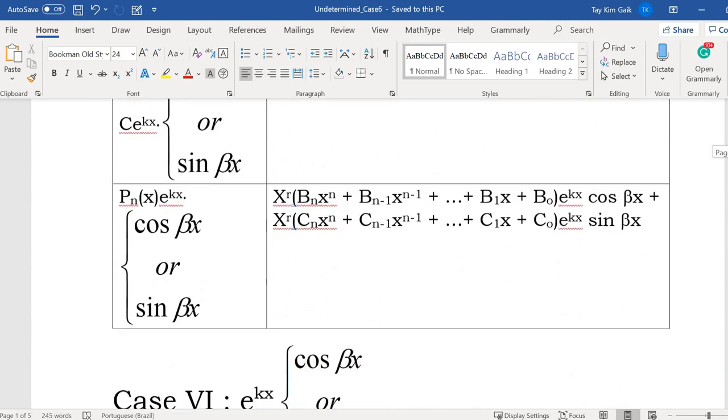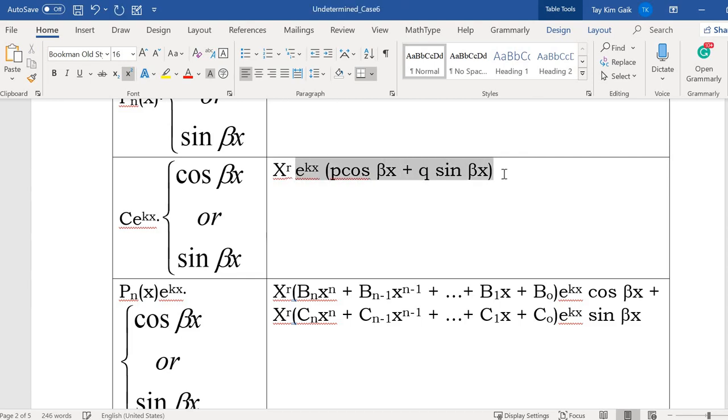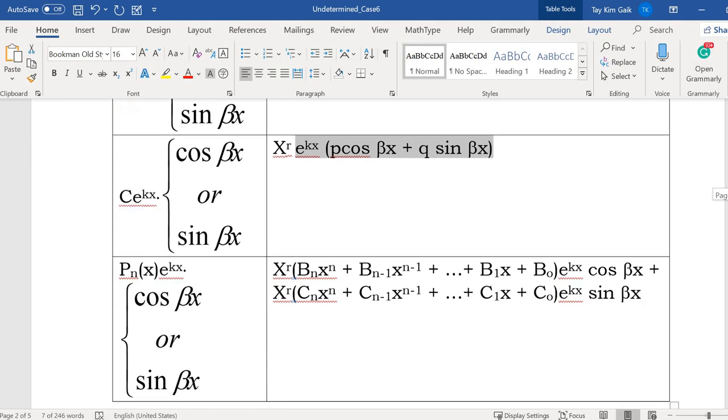If f(x) is the 6th case, e to the power kx multiplied with cos beta x or sin beta x, hence yp will have the same form also, with e to the power kx. But of course the coefficients for cos beta x and sin beta x are different, p and q. If this term clashes with yc, we need to multiply by x to the power 1, x to the power 2, and so on.